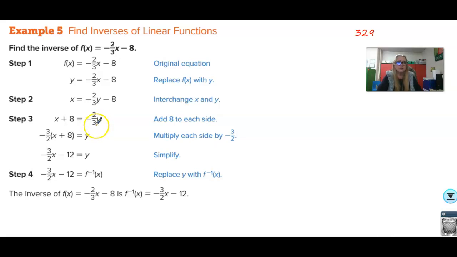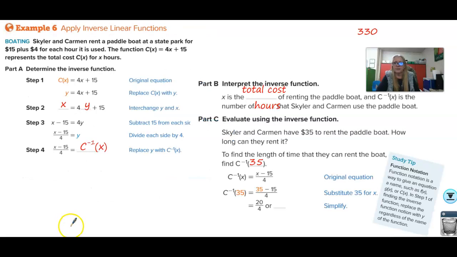Dividing by negative 2/3 is the same as multiplying by negative 3/2. So they're saying multiply. And then you get it all back in slope-intercept form, and you change the y out. You put the f to the negative 1 of x in. Okay. Pretty scary looking notation, but so was the slope formula until you learned what it meant.